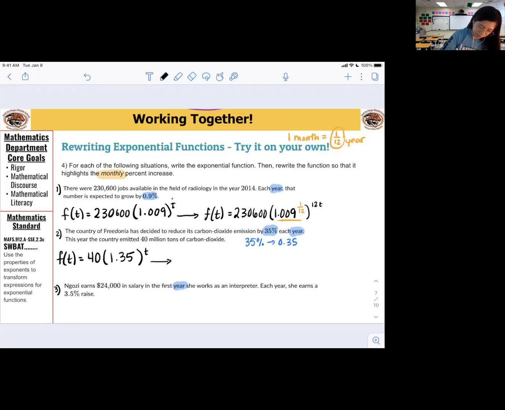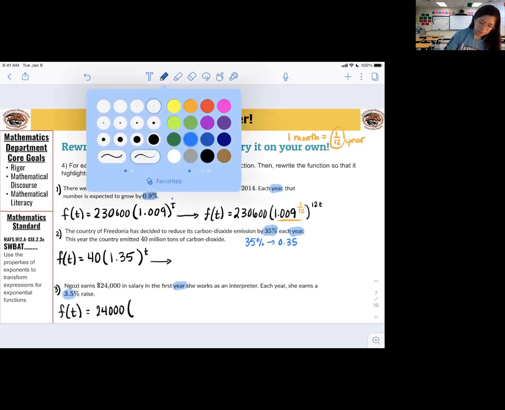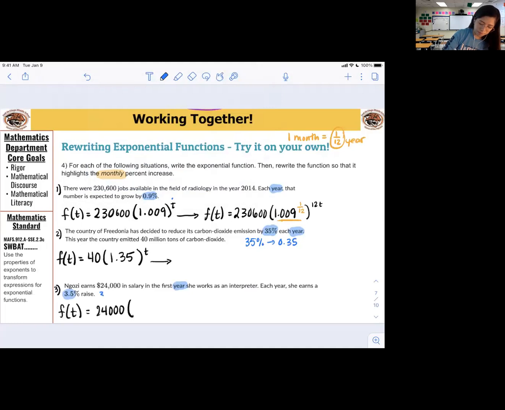And for the last one, let's go ahead and write the original starting amount. $24,000, good. Percentage as a decimal, what would it be? 0.035.